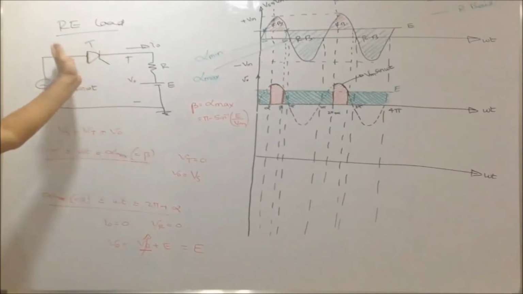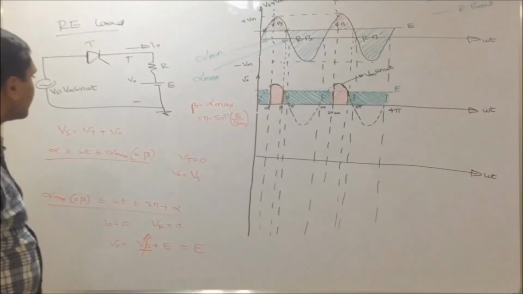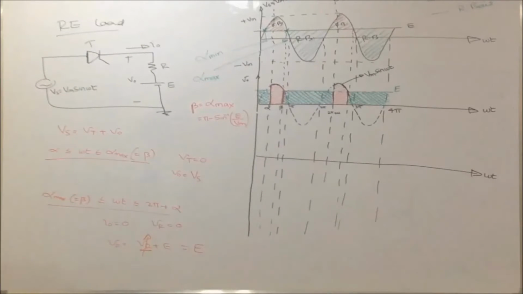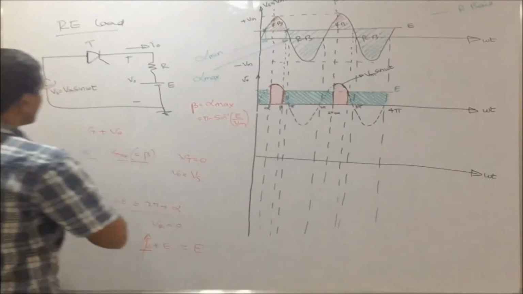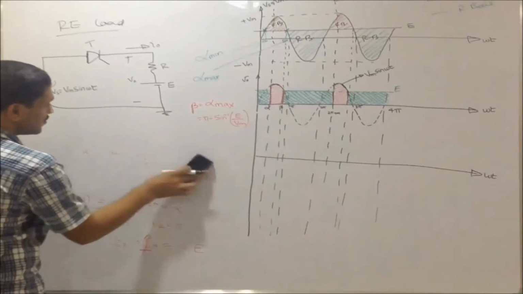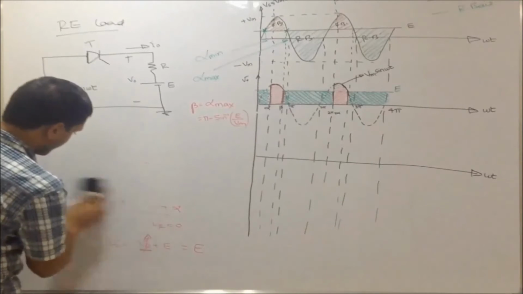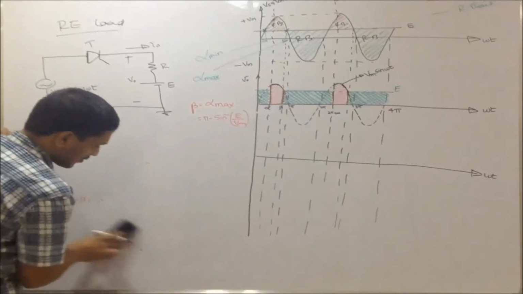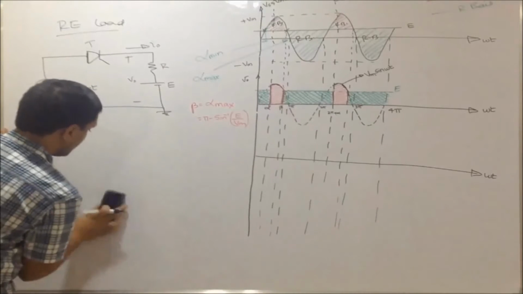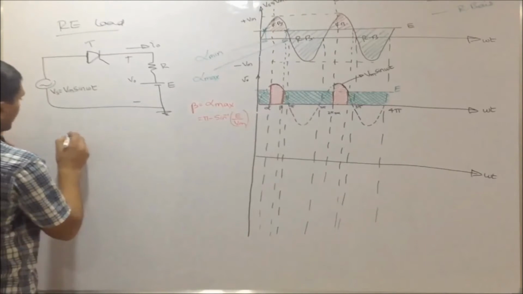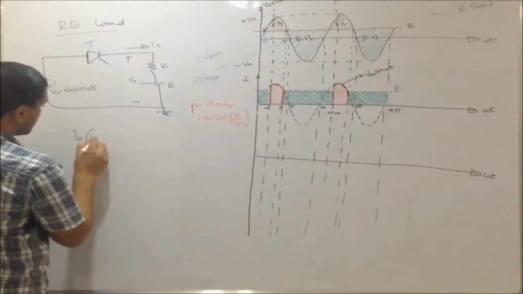So when this is on, then only I0 flows. So what is I0 in terms of R, E, V0? I0, this is instantaneous I'm writing.